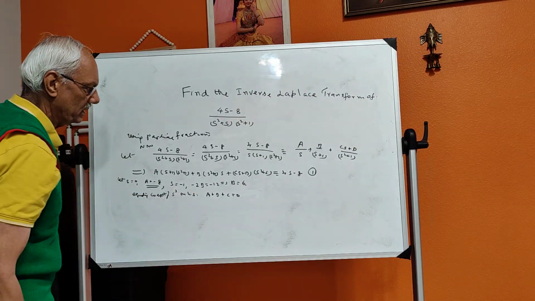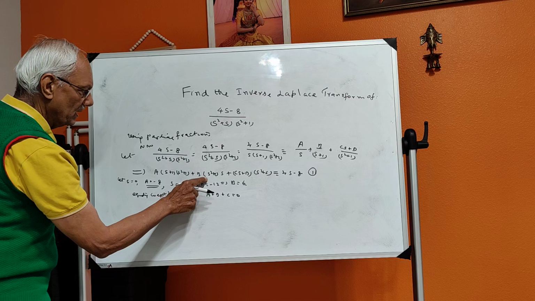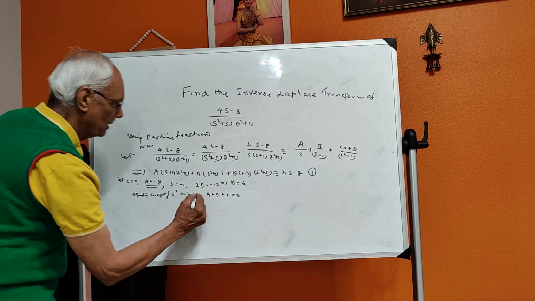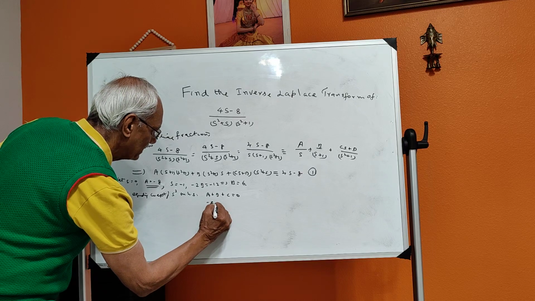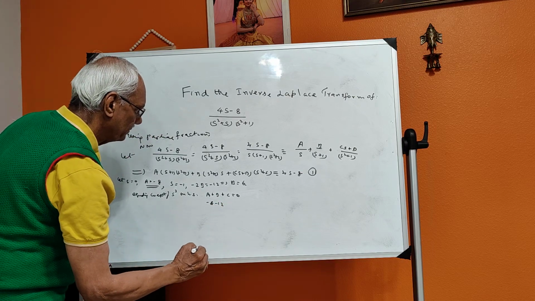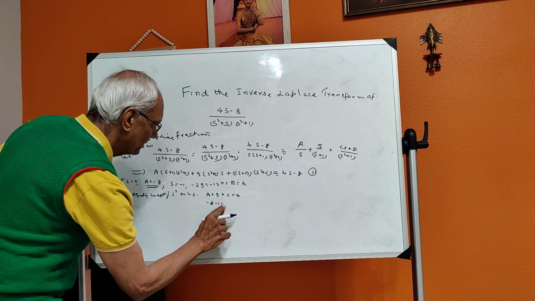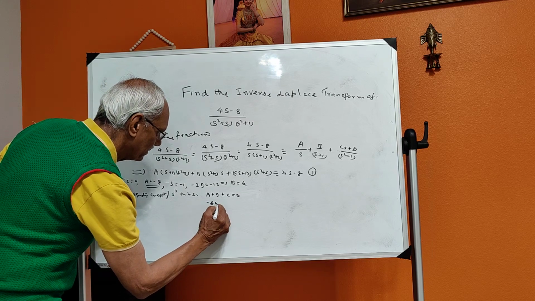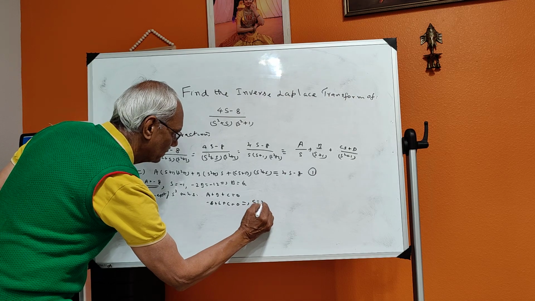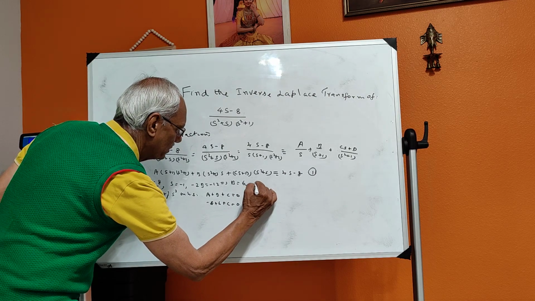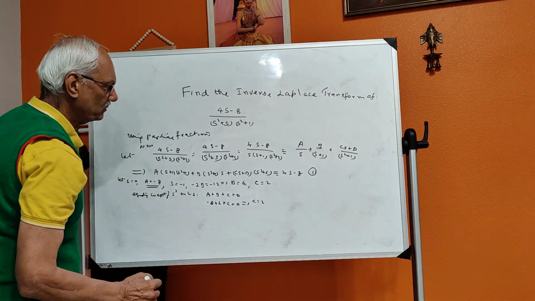There is no s cubed on the right side, so it is A plus B plus C is equal to 0. A is minus 8 plus B is 6 plus C is equal to 0, which implies C is equal to 2. So we have got C is equal to 2.